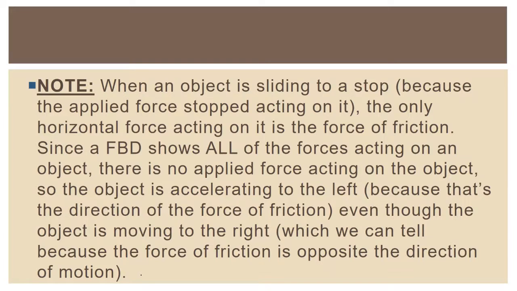Since a free body diagram shows all of the forces acting on an object, there is no applied force acting on the object in this problem, so the object is accelerating to the left, because that's the direction of the force of friction, even though the object is moving to the right, which we can tell because the force of friction is opposite the direction of the motion. That's a very important thing for everybody to recognize here. So take a second to pause this video and write that down. And when you hit play, we'll move on to the problems on the worksheet that were attached to the post for today.